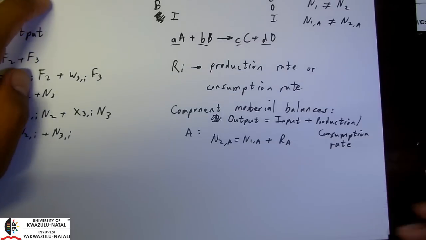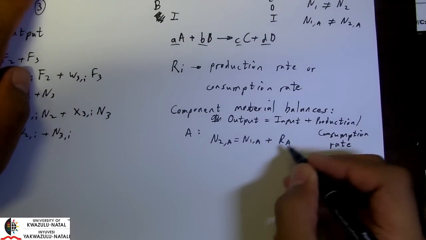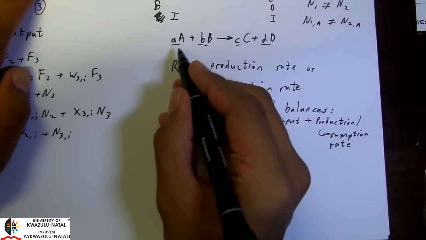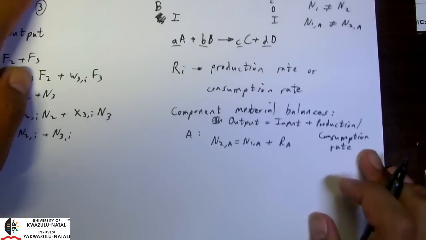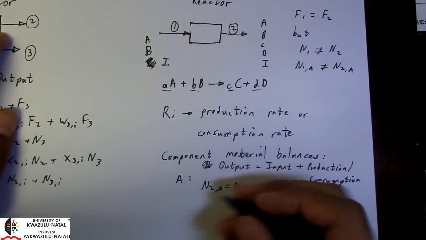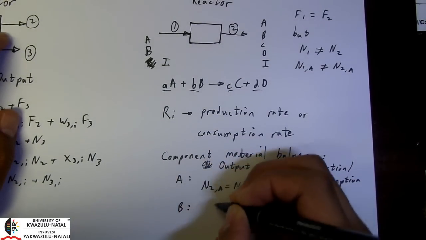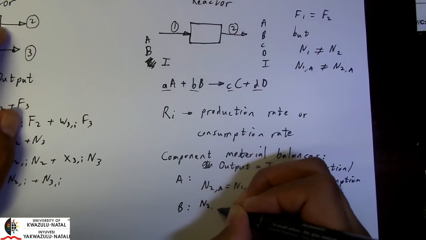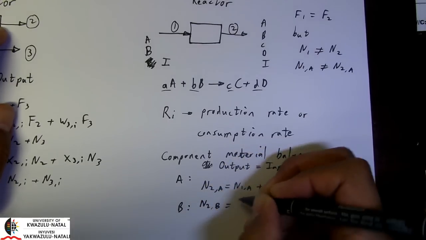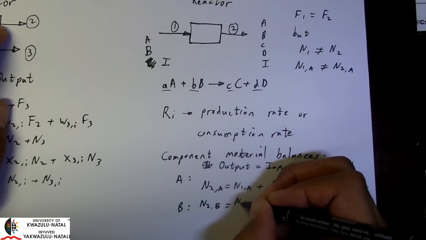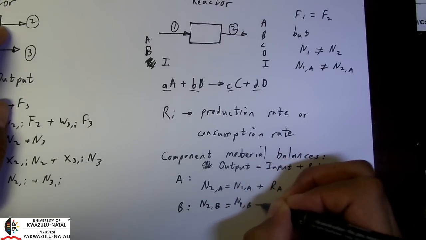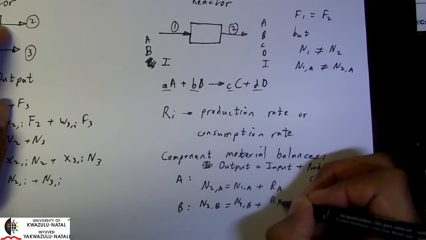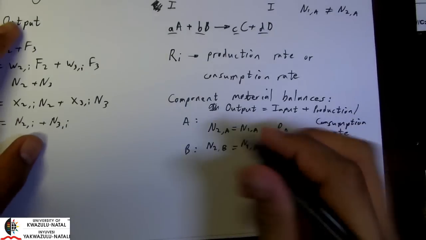It's inevitable that RA will be negative because A is a reactant. We can write a similar expression for component B, where RB is also going to be negative.